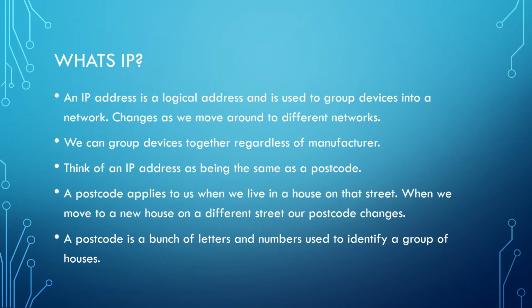If you were then to take your laptop home, you would lose the IP address that you were assigned in your workplace, and you would be assigned a new IP address as you move over to your home network. So it's a logical IP address because it's only bound to your device as long as you're on that network.